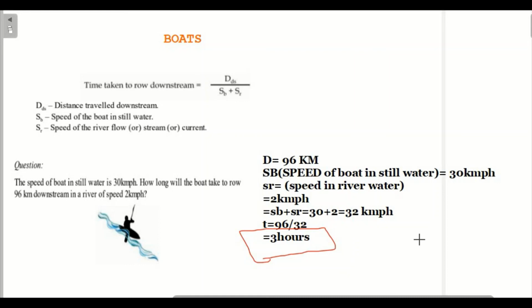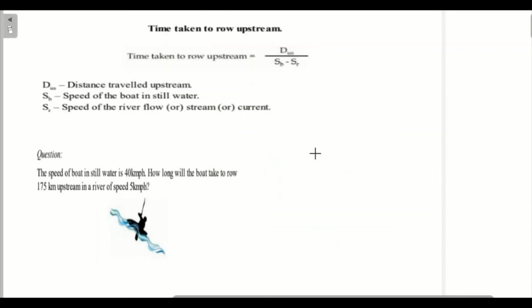The distance is already given, 96 km. The speed of the boat is 30 kilometers per hour. The speed of the river is 2 kilometers per hour. So we have the formula distance by speed of boat plus speed of river. So T is equal to 96 by 32. It is 3 hours.